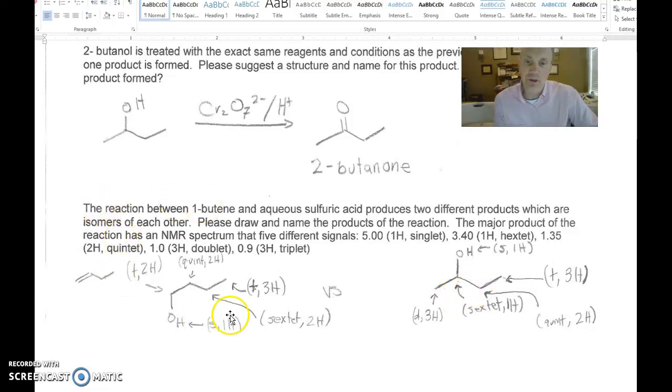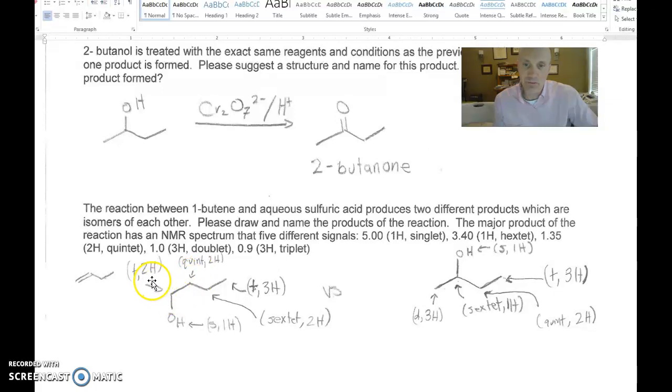The easiest way to do this is to draw it and ask yourself, what would the NMR look like? On this one, this hydrogen right here would be a singlet. All hydroxyl hydrogens are going to be singlets, and one hydrogen. This methylene, or CH2, has two hydrogens on its neighbor.